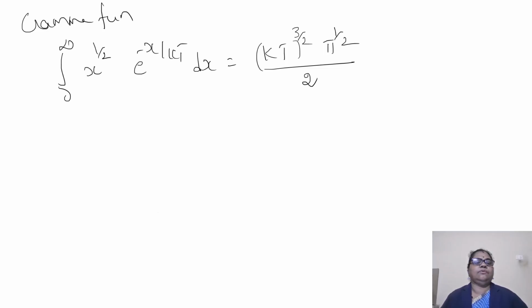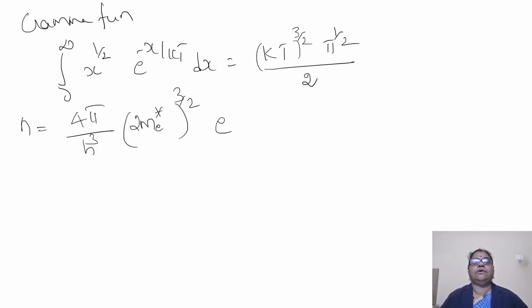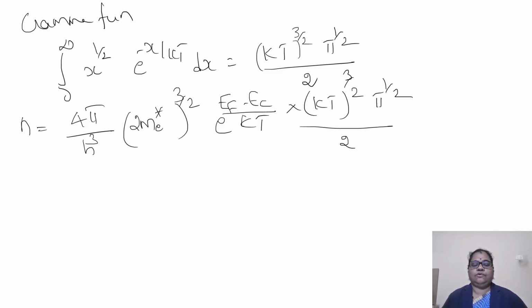So we can substitute the above expression: n is equal to 4 pi by h cube, multiplied by (2m e star) to the power 3 by 2, into e to the power (Ef minus Ec) by kT, which is multiplied by (kT) to the power 3 by 2 into pi to the power half by 2.